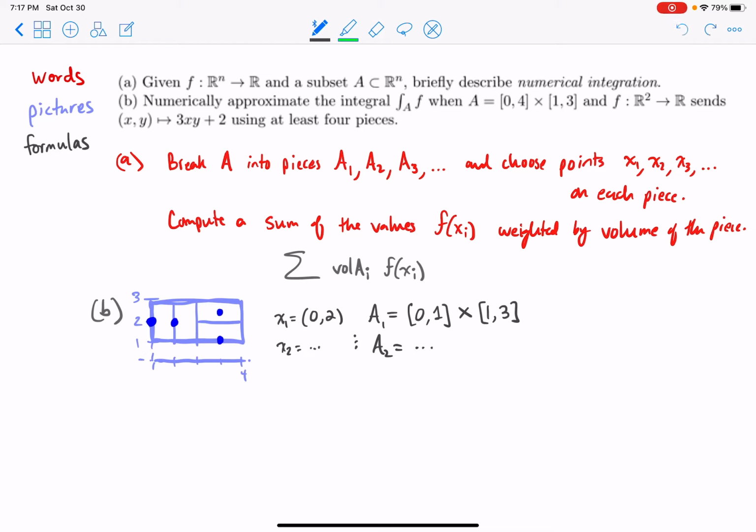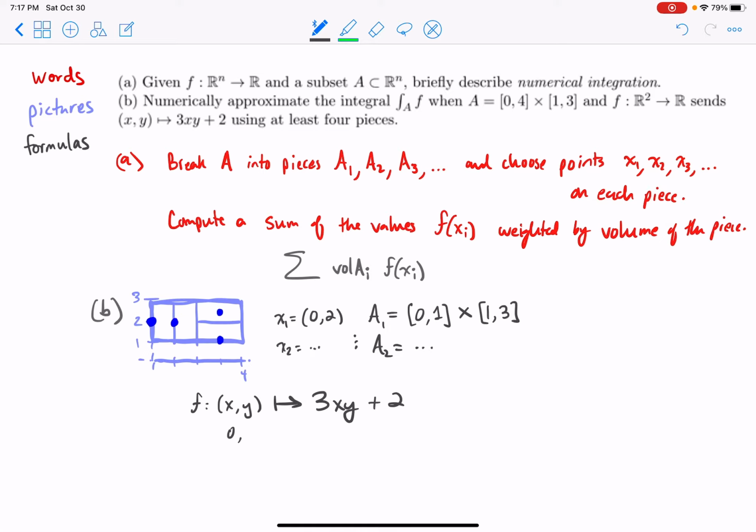It just says numerically approximate. Now, the function f sends a point (x, y) to 3xy plus 2. So I just need to evaluate this function at these 4 points in dark blue.